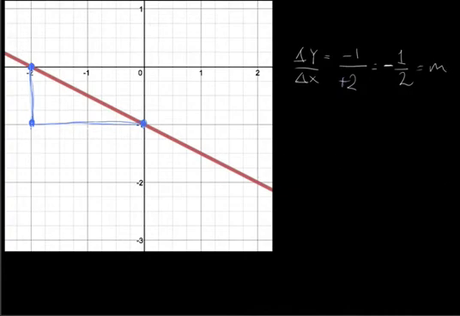I can also just take a quick look and see that my y-intercept is negative 1. That also means that it's not proportionate. So here we go. I'm going to say y equals negative 1/2 x plus negative 1. You could write subtract 1 or minus 1, but we shouldn't.